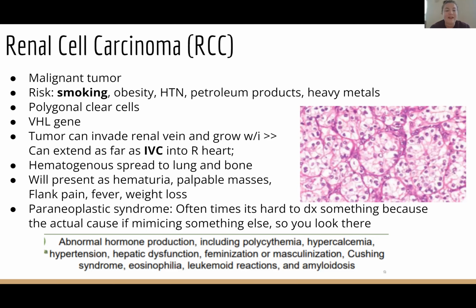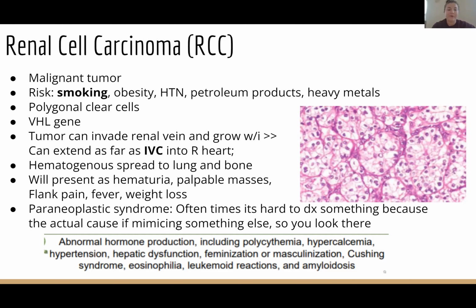Another thing, I don't know if they've introduced it to you before this point: paraneoplastic syndromes. Oftentimes it's hard to diagnose something because the actual cause is mimicking something else. This is so big in respiratory. When you get to the lung cancers, oh my goodness, there are so many paraneoplastic syndromes, it's crazy. But essentially you're presenting as one thing and it's masking what it actually is. So even though it's something wrong with your kidney, it's acting like it's a different thing.